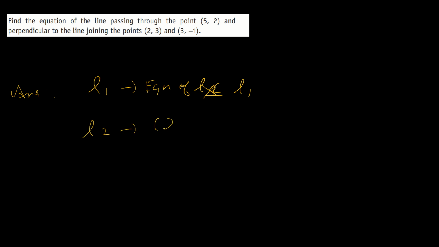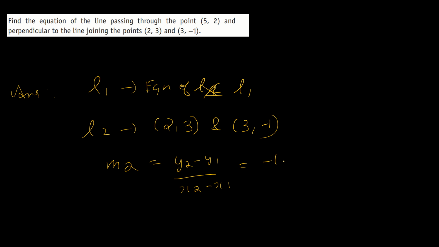What are the 2 points given? (2, 3) and (3, -1). With the help of these 2 points, we can find the slope of line 2, which is m2. m2 equals (y2 - y1)/(x2 - x1), which is (-1 - 3)/(3 - 2), equal to -4.